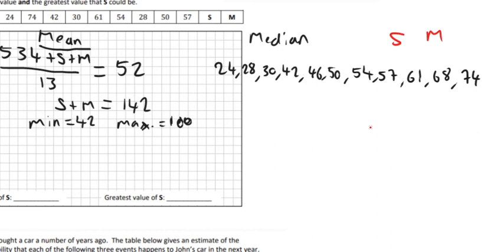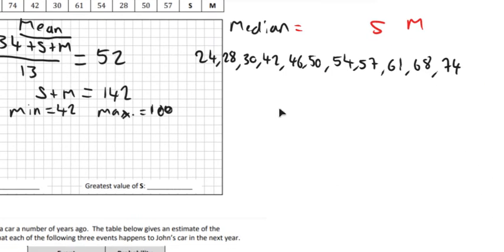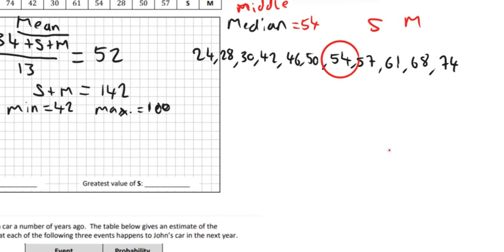Now it tells us that the median, in the question it told us that the median was 54. So we know that the median is 54, and in our list, median is middle, by the way. That's what you need to know first of all, anyway. So the median is the middle number, so 54 is there. So if you think about it, then there's 1, 2, 3, 4, 5, 6 numbers already there.